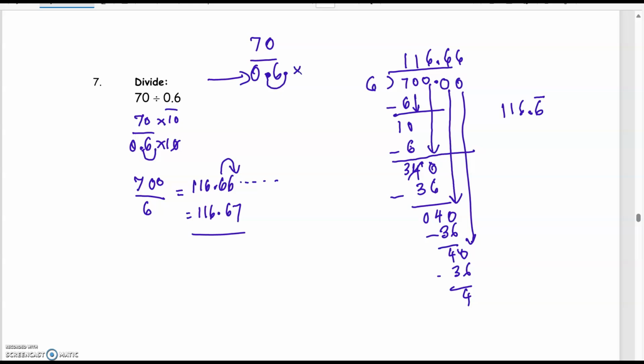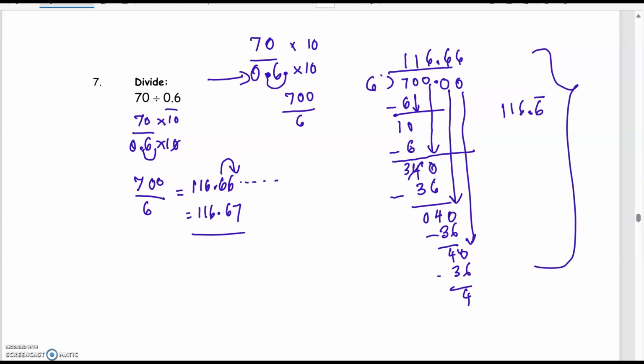And how does that happen? By multiplying the denominator with 10. And to make sure that we are not changing the value of the fraction, we multiply the numerator by 10 as well. So the numerator becomes 700, whereas the denominator shifts one place value to the right and becomes a 6. And that's why we did long division by 6.